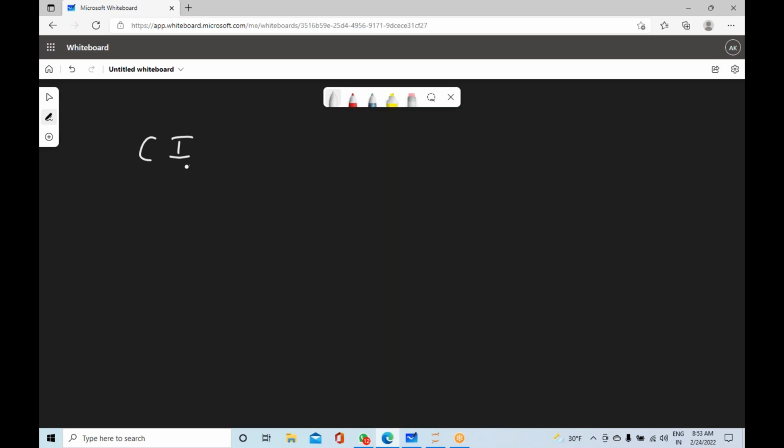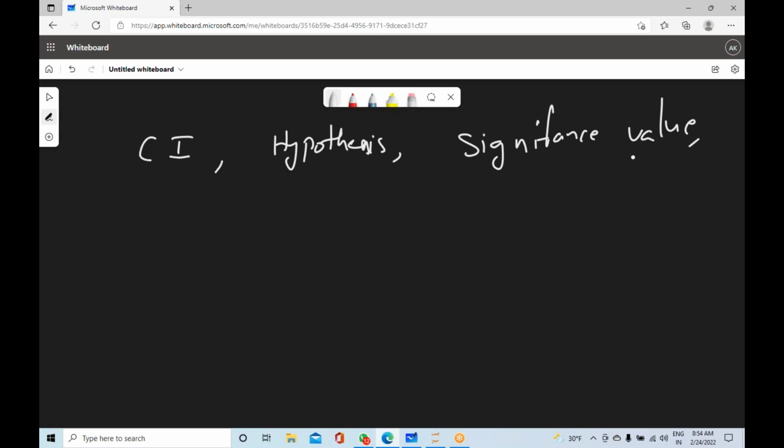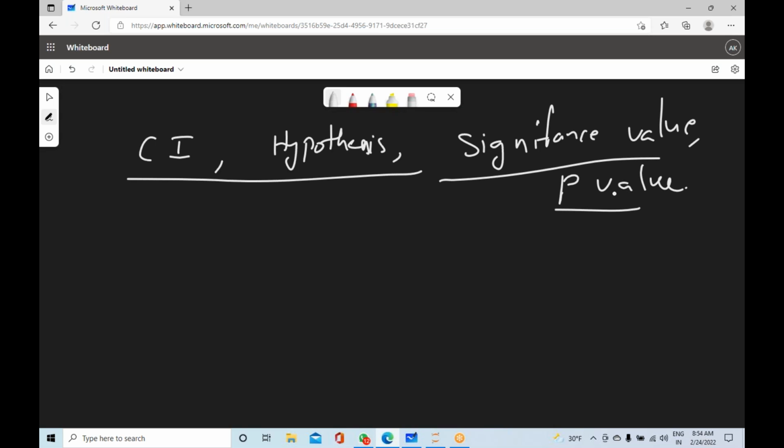Second one is hypothesis testing, and significance value. In the meanwhile, we need to understand the p value also. Confidence interval, hypothesis, significance value, p value: these things give the clarity to take conclusions, whether I should accept or not. Is it clear?